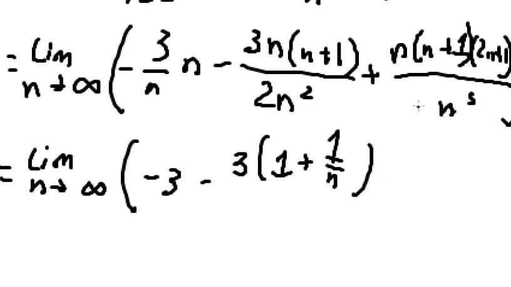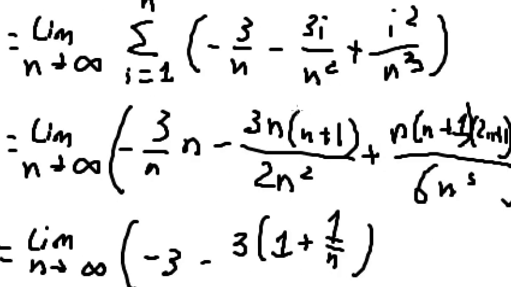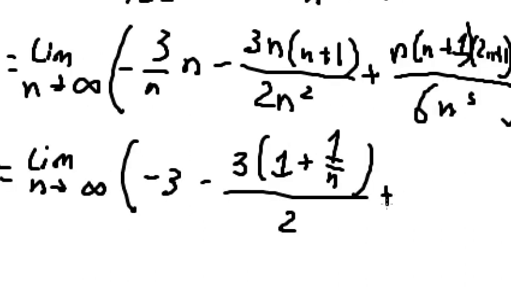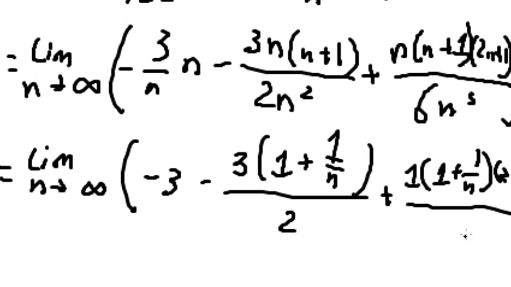I forgot number 2 and number 6 in here. So we have number 2. And this one we have 1 plus 1 over n, 2 plus 1 over n. We divide by 6. When n goes to infinity, this one you get 0, 0 and 0.